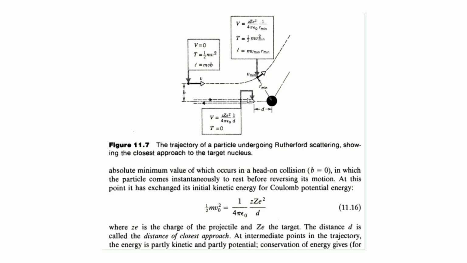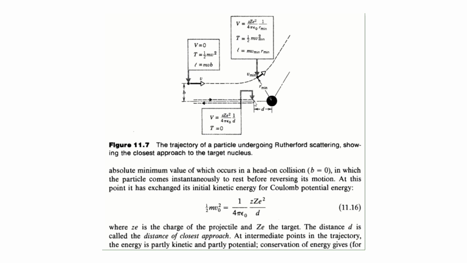The absolute minimum distance would be when the particle comes in head on to the nucleus. There you have the particle coming in and its velocity decreasing, and finally its velocity becomes zero at a point, and that distance is called the distance of closest approach.